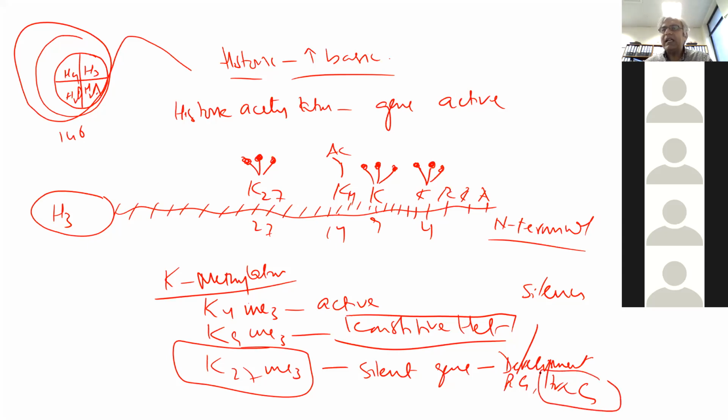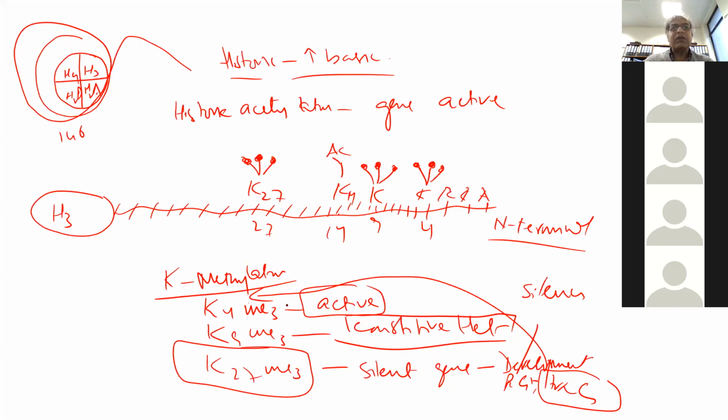Trithorax, on the other hand, counteracts the polycomb silencing. It catalyzes and recognizes lysine 4 trimethylation and switches on genes. So this is just a basic intro about how genes get differentially regulated.